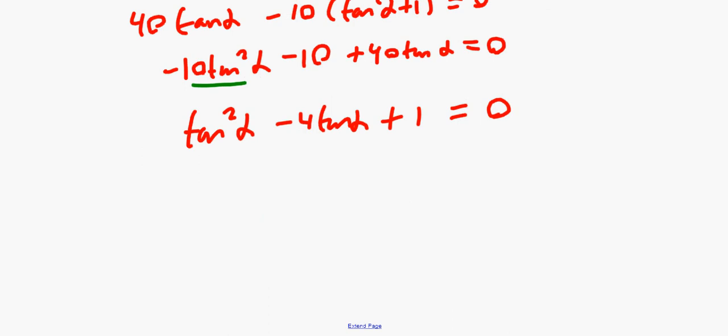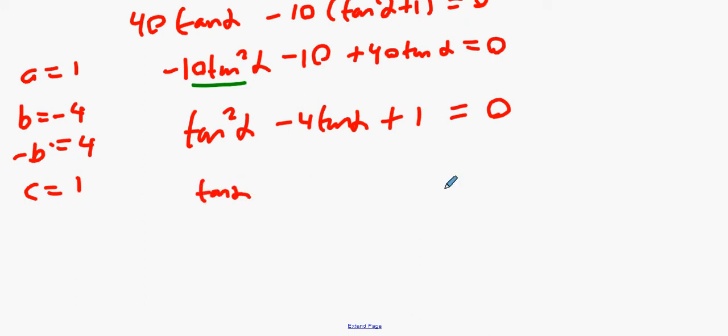Now, minus b formula. Will somebody do that really quickly for me? a equals 1, b equals minus 4, minus b equals plus 4, c equals 1. Really quickly, guys, somebody do it. You all know how to do a minus b formula, don't you? Get me both answers in fraction form, please, okay?